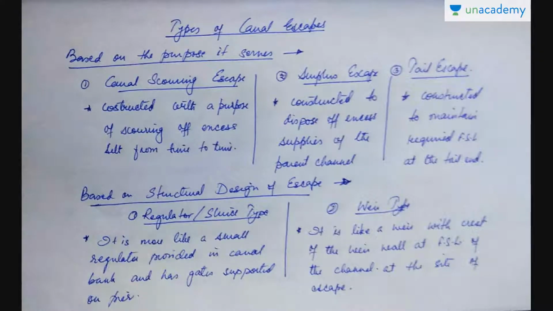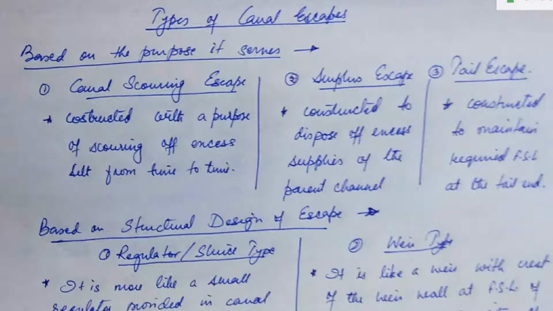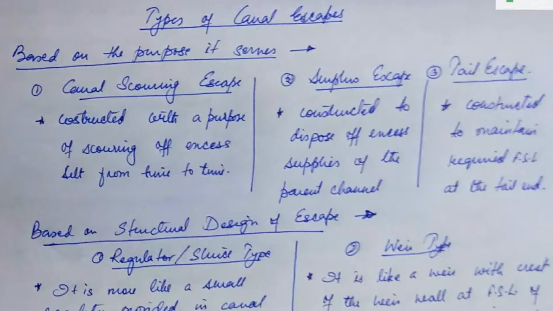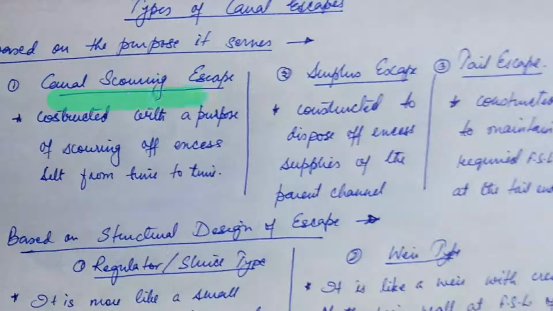There are different types of canal scapes that can be provided based on the purpose they serve. We can have three types of canal scapes. One is the canal scouring scape, then it can be a surplus scape, or it can be a tail scape. We call it a canal scouring scape when it is constructed with the purpose of scouring off the excess silt from time to time.